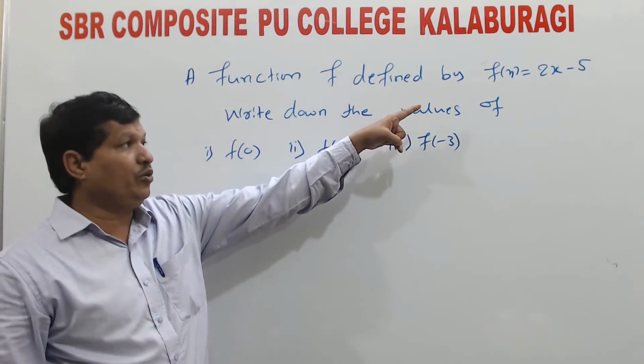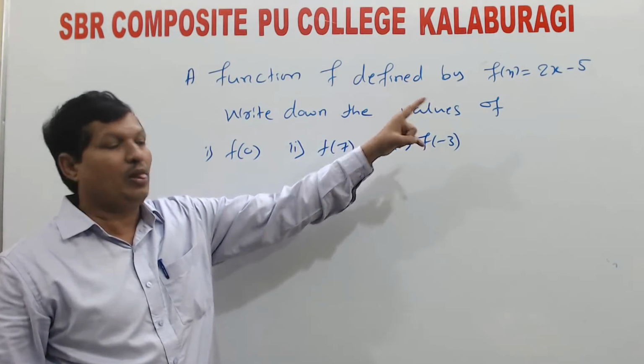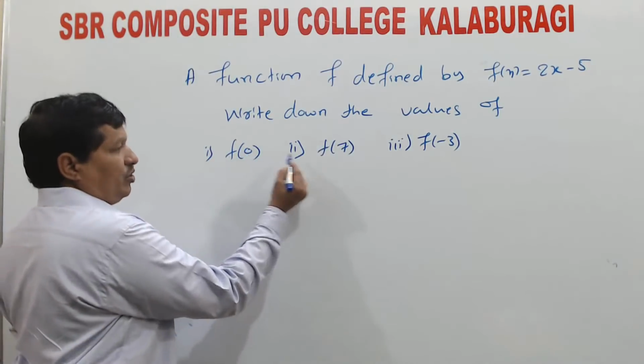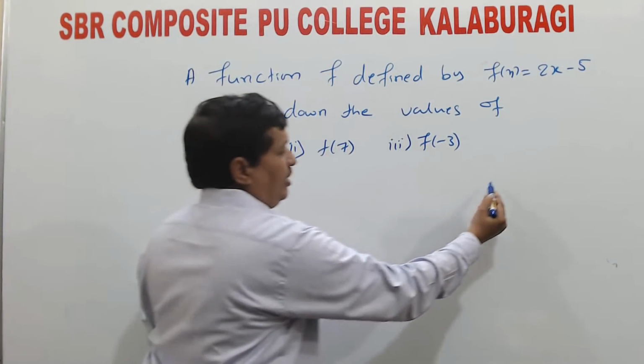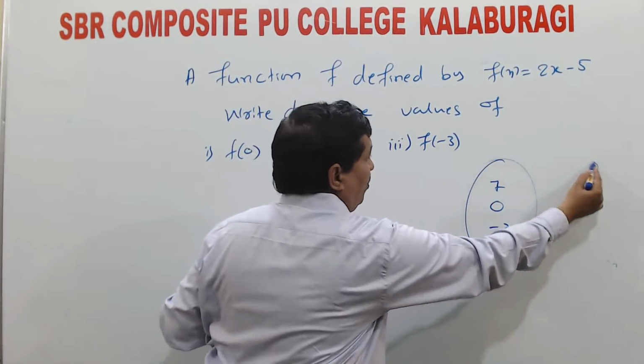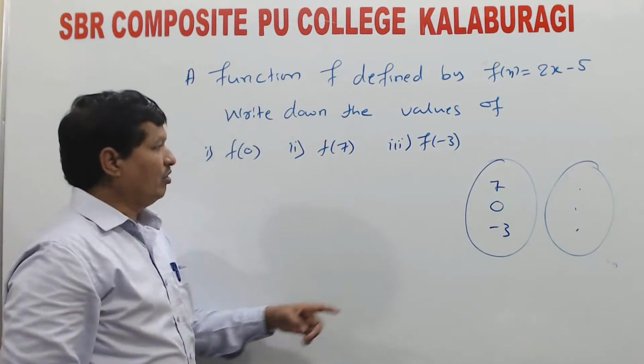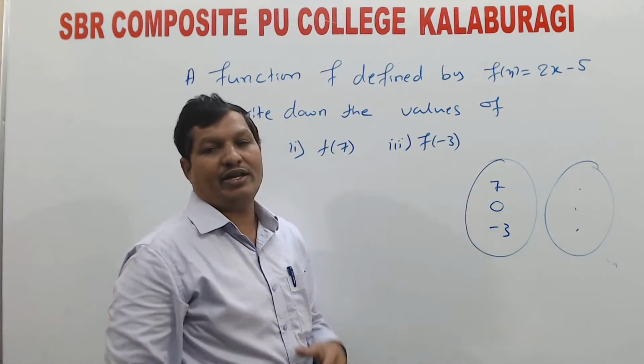What is the relation between domain and codomain? F of x equal to 2x minus 5. What are these f of 0, f of 7, f of minus 3? These are the elements of the domain. You have to find their images. You have to find the images of 0, 7, minus 3.